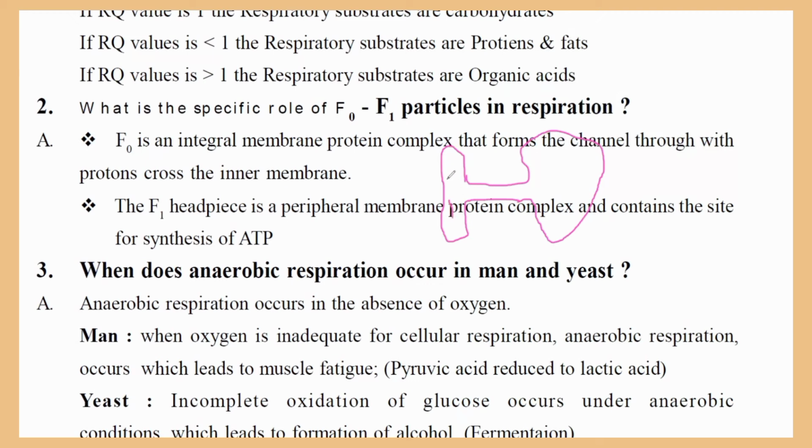There will be an F0 particle. This is the F0 part, this entire F0 part, and this is the F1 part. This is the integral part, and here what happens?